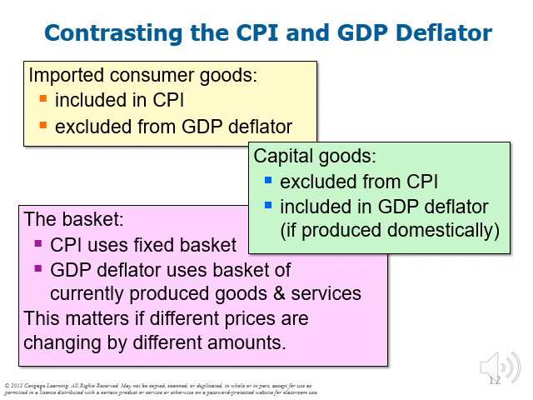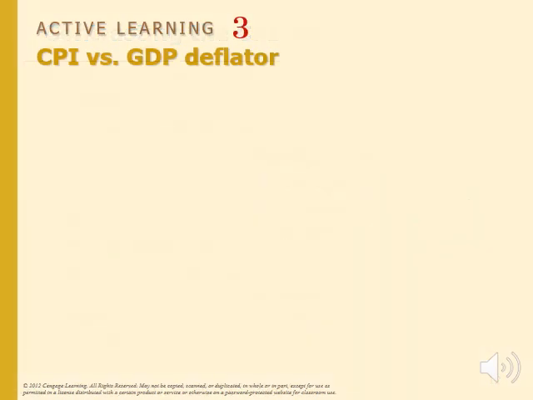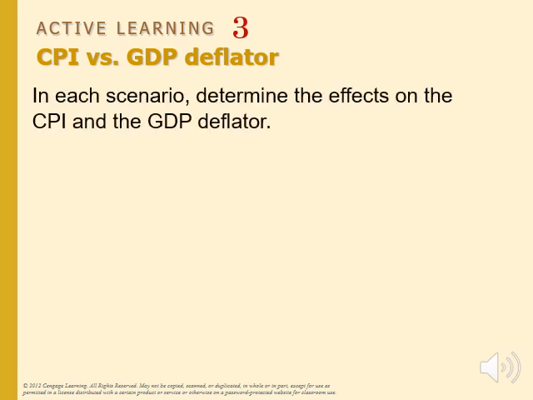Let's take a moment and do a learning check to see if we understand the differences between the CPI and the GDP deflator. In each of the following scenarios, determine the effect on the CPI and the GDP deflator.